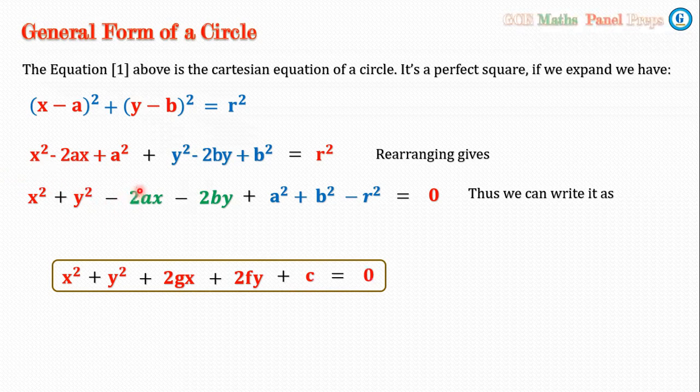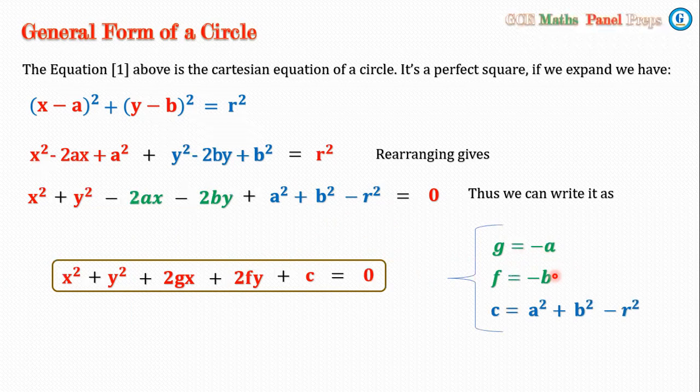We have replaced minus a by g, replaced minus b by f, and a squared plus b squared minus r squared by c. So this is what we have done. In the general form, g equals negative a, f is negative b, and c equals a squared plus b squared minus r squared.